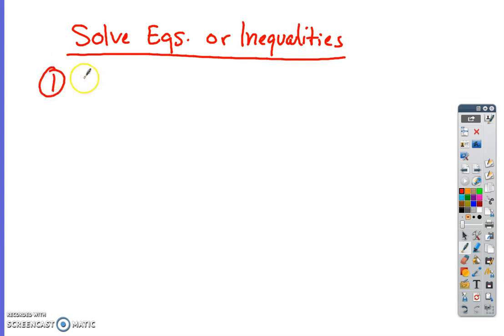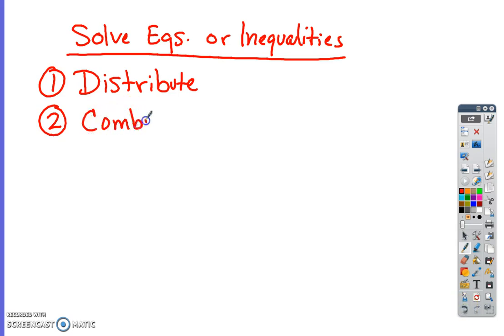Is there anything to distribute? That's the first thing. If there's none, then you skip it. Step number 2, can I combine like terms? Combine like terms on either side.